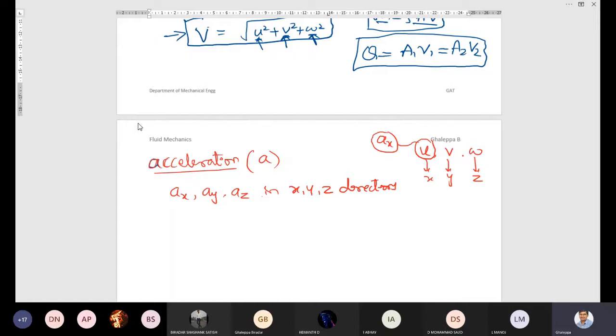Wherever the velocity is there, wherever you are considering the time, then acceleration is coming into the picture. So when you are considering velocity in y direction, that is v, of course there will be acceleration in y direction, because velocity is there in the y direction. And you are considering the velocity in z direction, that is w, and of course z acceleration should be there. So that is the reason AX, AY, AZ in XYZ direction accelerations.